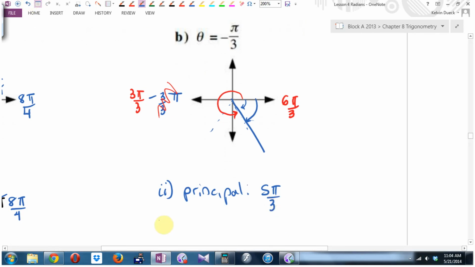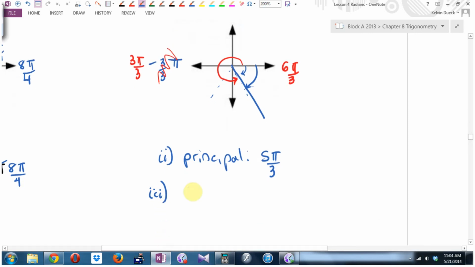Then it wants us to find one positive and one negative coterminal angle to that. How do we find positive and negative coterminal angles? Well, in degrees, we add or subtract what? 360. In radians, we add or subtract 2 pi, but I'm not going to use 2 pi. I can go 5 pi by 3.